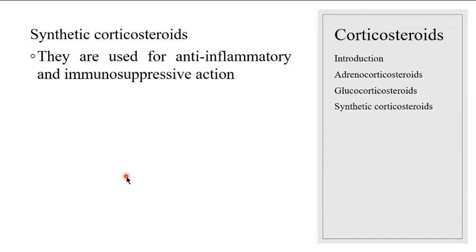But the body balances everything very nicely, which means that our body does produce cortisol, but we are not suffering from any kind of reproductive disorders. We are not suffering from hypothyroidism, and we are not suffering from diabetes mellitus. So the body balances out everything.